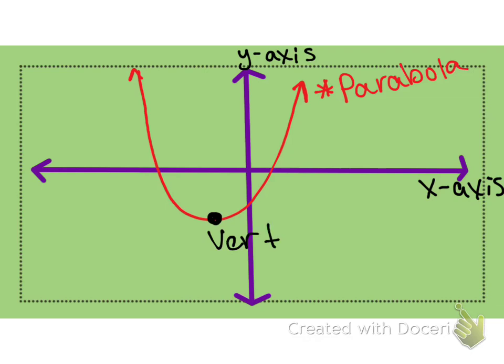Now, based on where the vertex is, it could be either what two words? The minimum or maximum. Because my vertex is the lowest, it's a minimum. Is it alright to put down min? That's what I did on my homework. Yeah, that's fine.